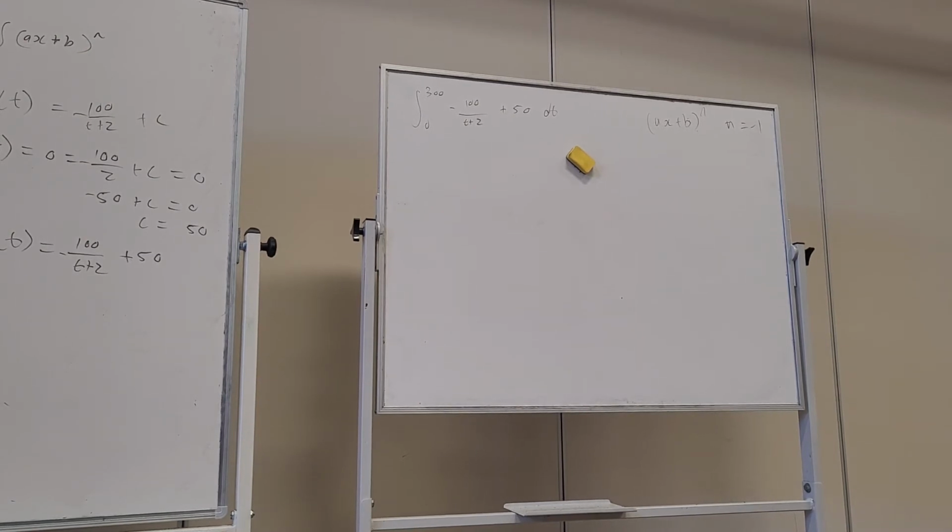So let's go to run that. I'm not even going to graph it. I'm just going to go into run that. I'm calculating the integral from 0 to 300 of minus 100 on x plus 2, plus 50.